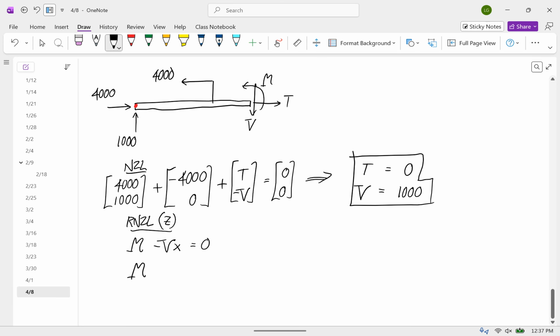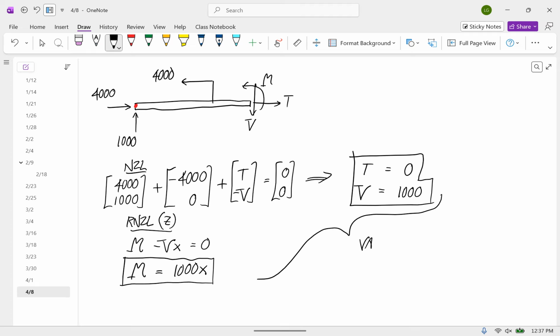So M is equal to 1,000x. And these are valid on the interval from 1 to 2.